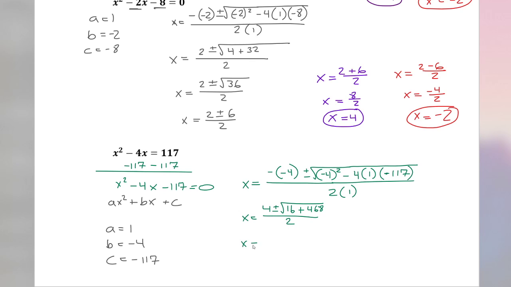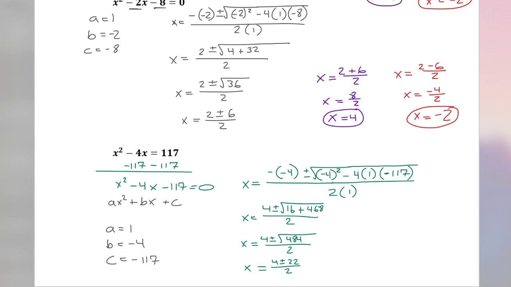So then we have x equals 4 plus or minus the square root of 16 plus 468, which is 484. And then if I was to take the square root of 484, you would see that x equals 4 plus or minus 22 over 2.